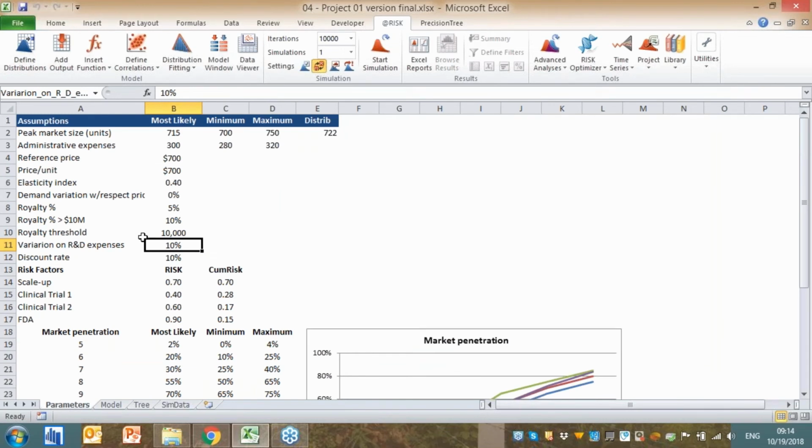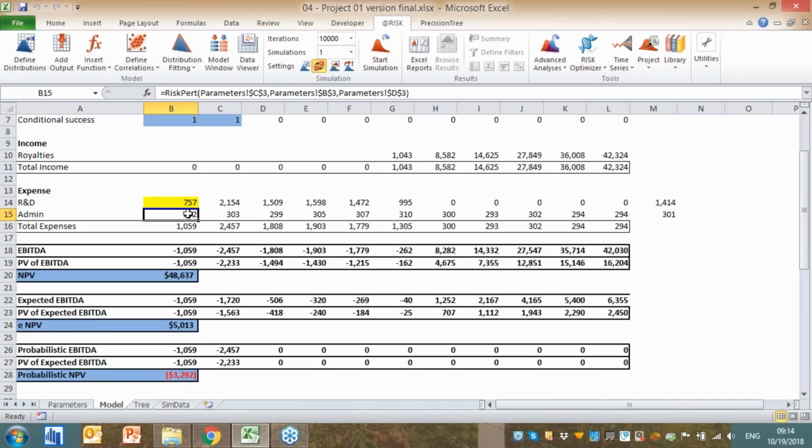In other words, some expert concluded that, on row 3, the variation of admin expenses was going to be with a minimum of 280, a most likely of 300, and a max of 320. So for every single year that we have admin expenses, we're going to be generating random values with the PERT distribution functions.